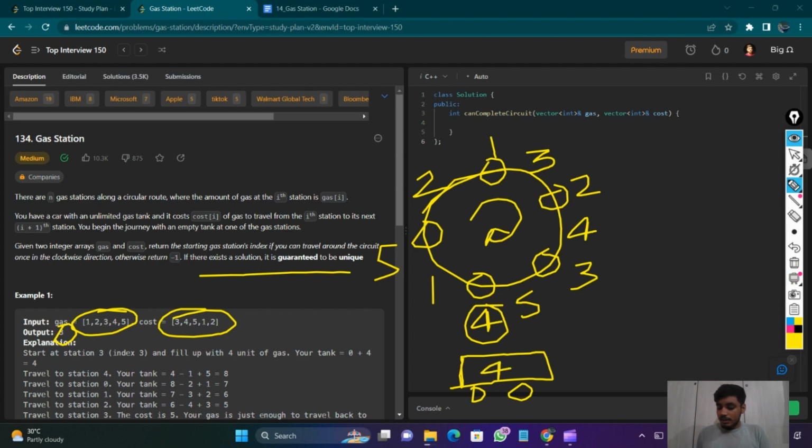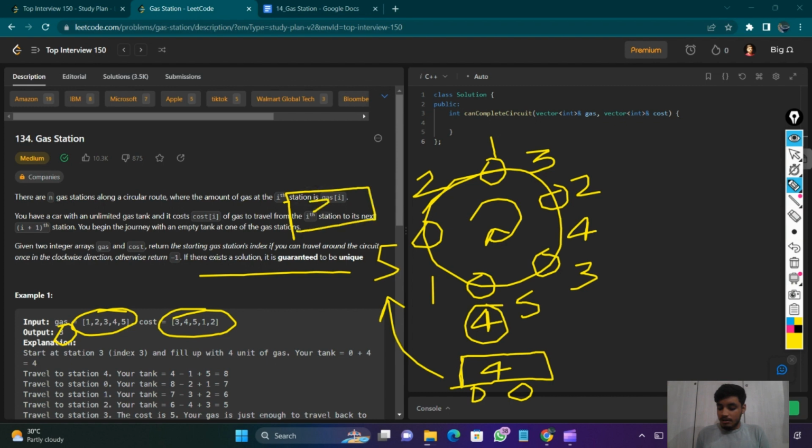That means your car now has 4 amount of gas. Now if you move to the next index in the clockwise direction, which is the fifth one, it costs 1. That means 1 amount of gas is reduced from your car. So when your car moves from 4 to 5, it is left with 3.